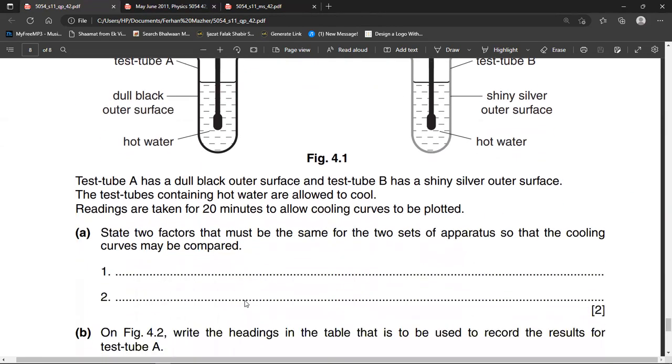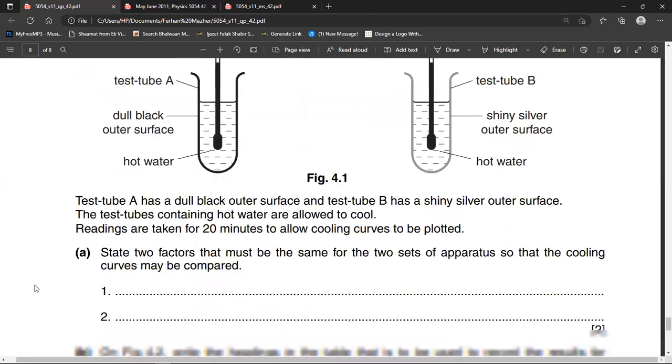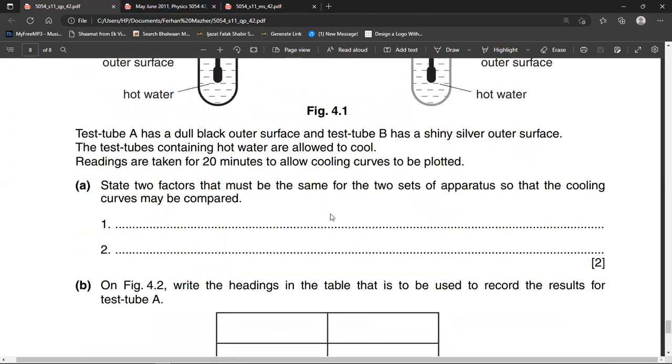It says test tube A has a dull black outer surface and test tube B has a shiny silver outer surface. The test tubes containing hot water are allowed to cool. Readings are taken for 20 minutes to allow cooling curves to be plotted. State two factors that must be the same for the two sets of apparatus so that the cooling curves may be compared.